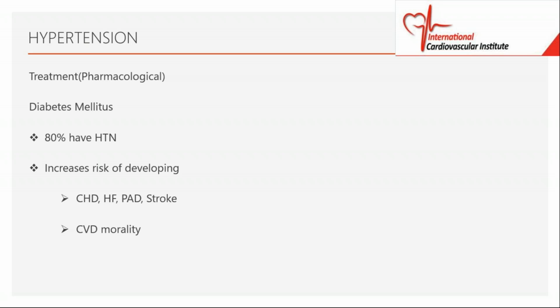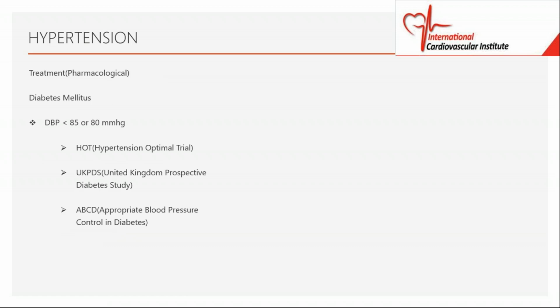120/80, 130/80, and 140/90. So for a high-risk individual, you want to get that blood pressure below 130/80. Diabetics with hypertension have an increased risk of coronary artery disease, heart failure, peripheral artery disease, stroke, and cardiovascular mortality.